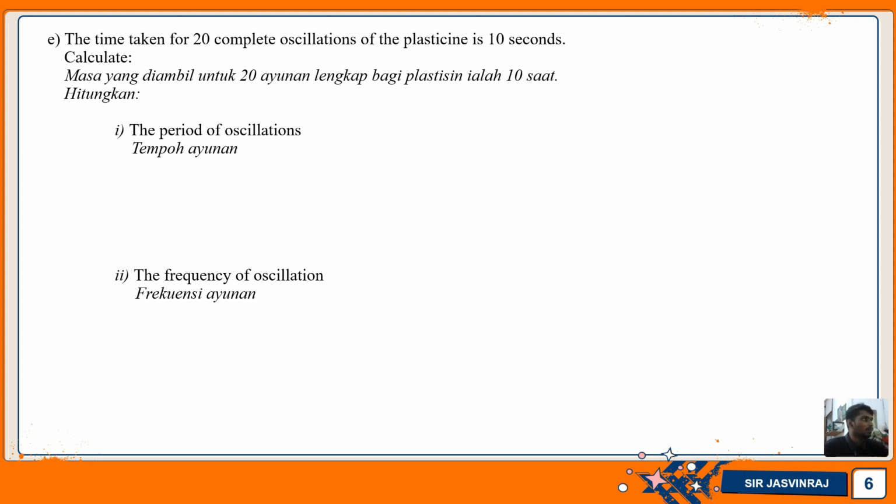Kita tahu period of oscillation, apakah simbol dia? Period sama dengan T besar. So kita kena cari T besar.